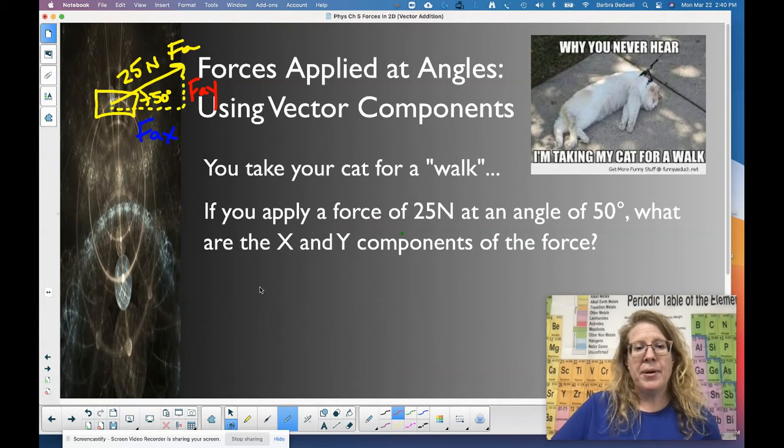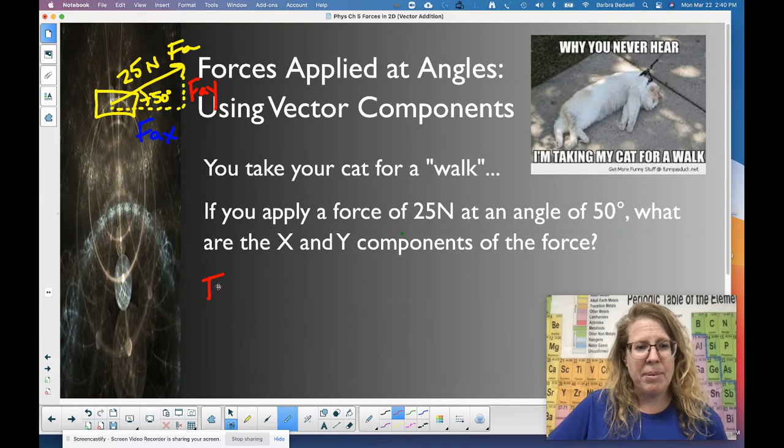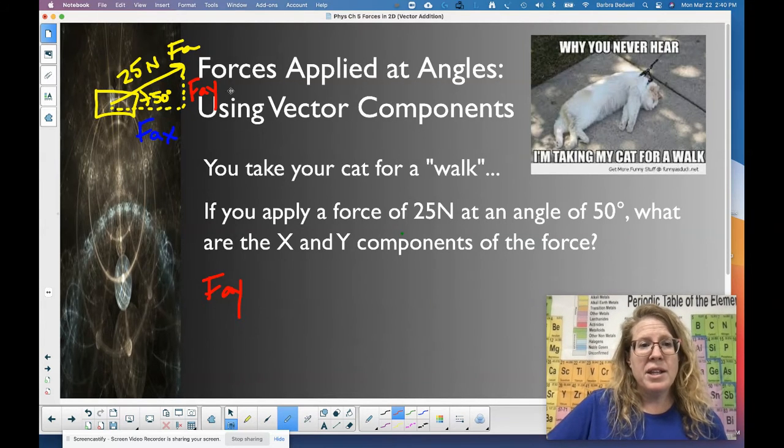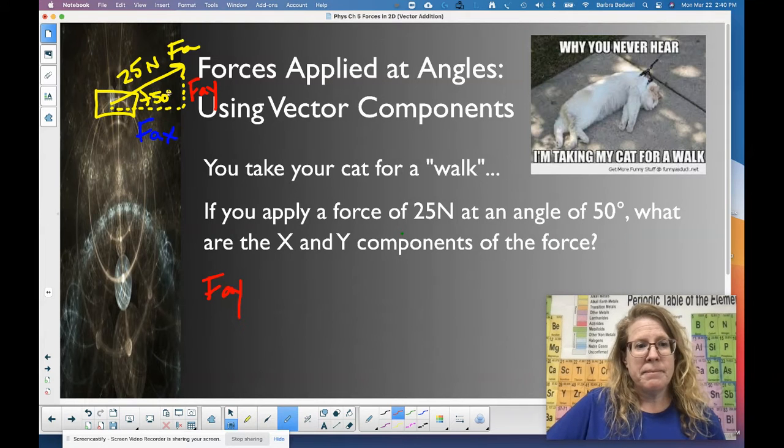So what are our x and y components? Well, this is simply using SOHCAHTOA. When we're looking at Fay, this one right here, what do we know about this? We know the angle, we've got the hypotenuse, and Fay is the opposite side of the triangle.